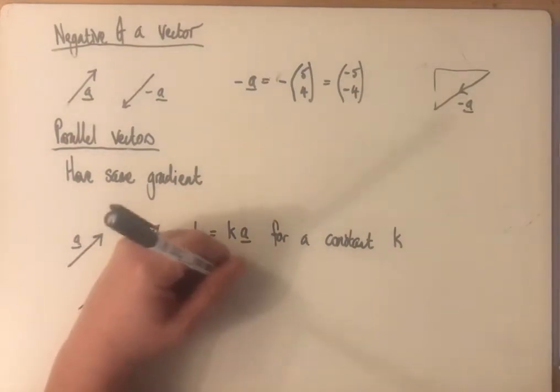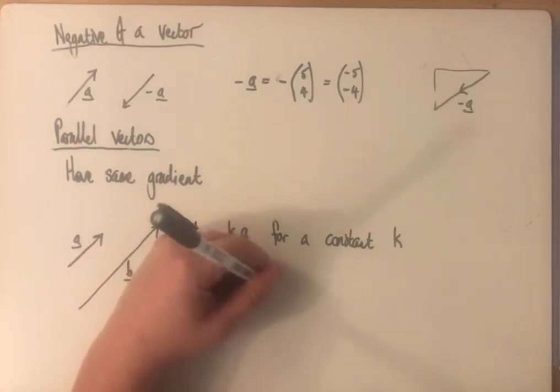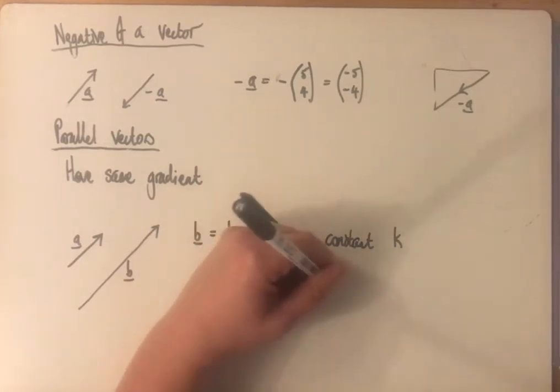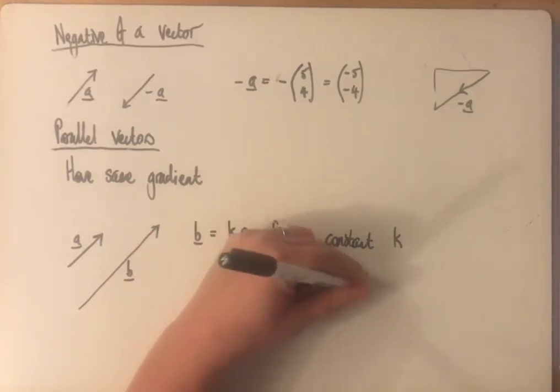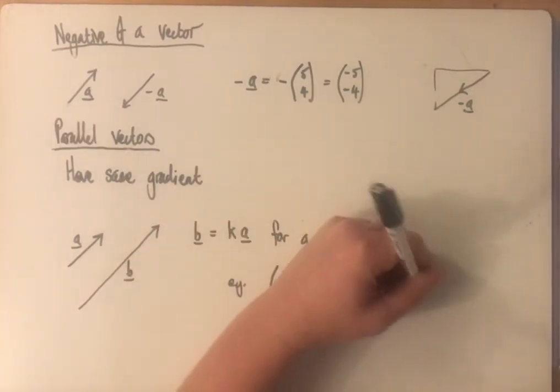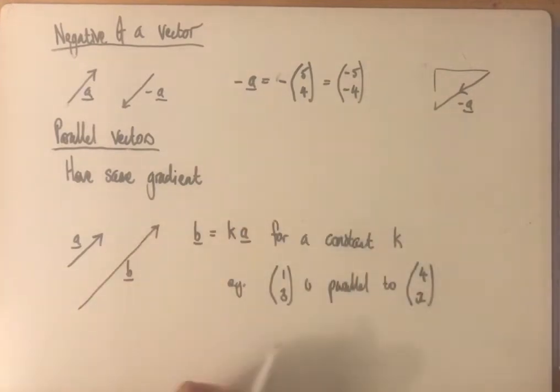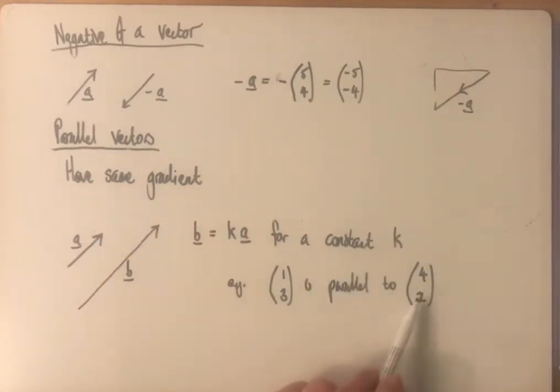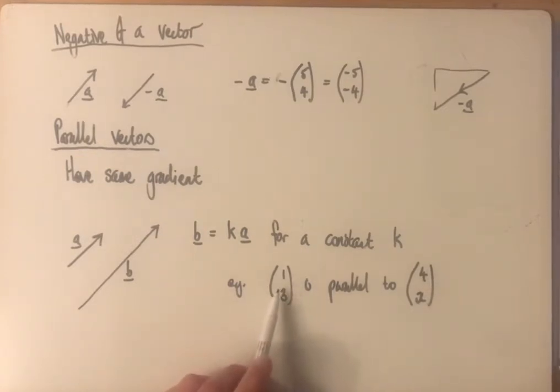So for example, the vector 1, 3 is parallel to 4x. If you want to find x, then this one here needs to equal k lots of this one here.